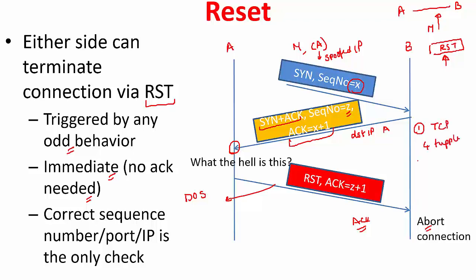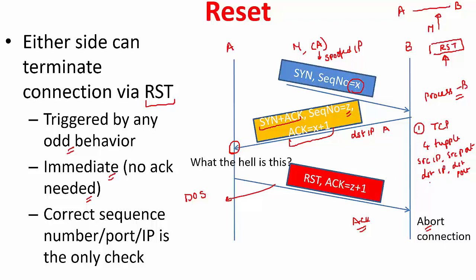So this corresponds to the source IP, source port, destination IP, and destination port. Only when you fill these values correctly in this reset packet, it will go to the right process on B. So that is something to take care of.